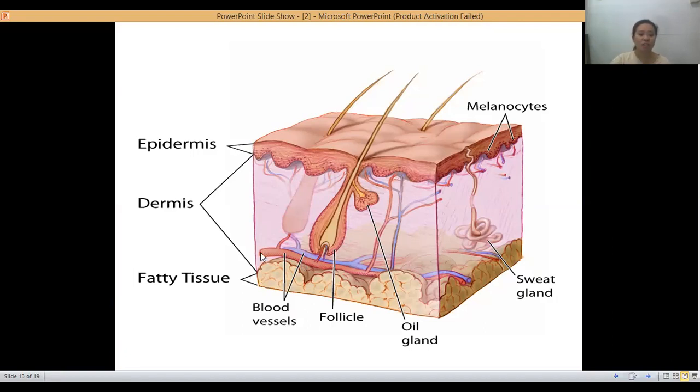So these blood vessels, if you feel hot, it will enlarge, lalaki, and your face will become red. But if you feel cold, it will become smaller, and this makes you feel pale.